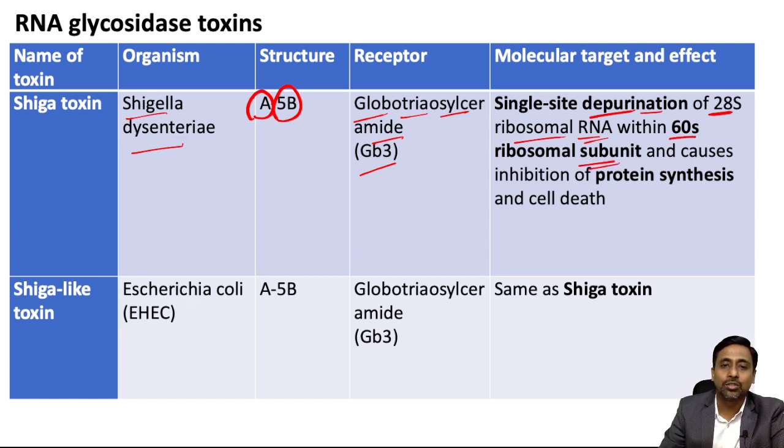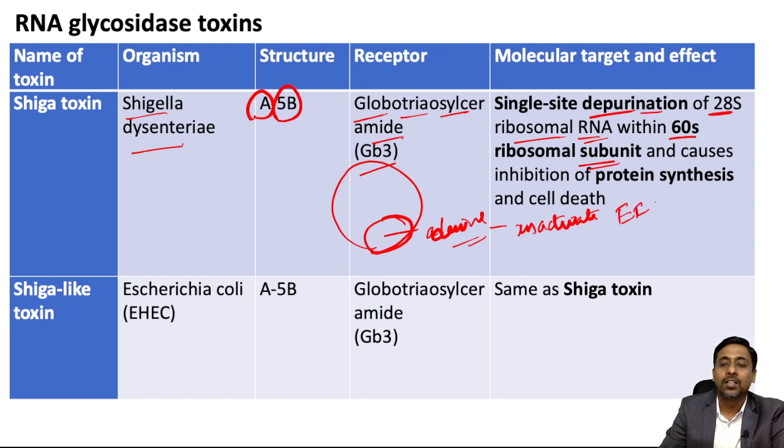Thus it will inactivate or prevent EF1, which is responsible for the binding of aminoacyl tRNA to the ribosome. So this binding of aminoacyl tRNA with the ribosome will not occur, and ultimately it will inhibit protein synthesis and thus cause cell death.